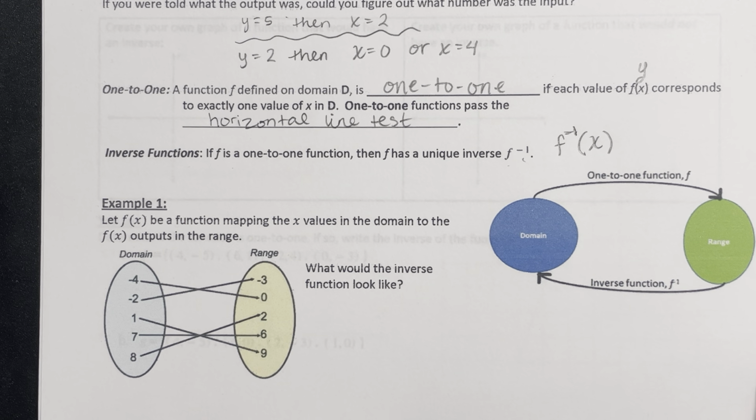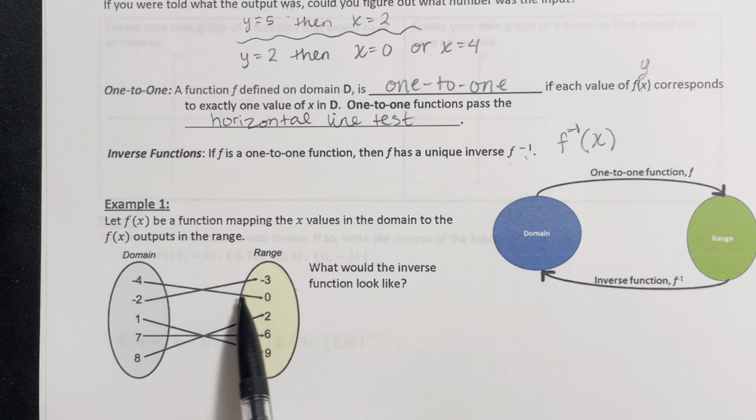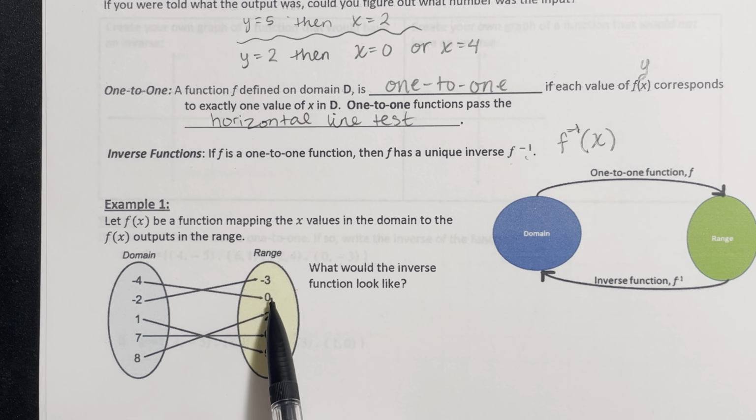In this first example, we're going to let f of x be this mapping diagram, and we want to look at how the inverse function looks if the inverse takes this backwards. So if the -4 is mapping to 0, the inverse should say that 0 came from -4.